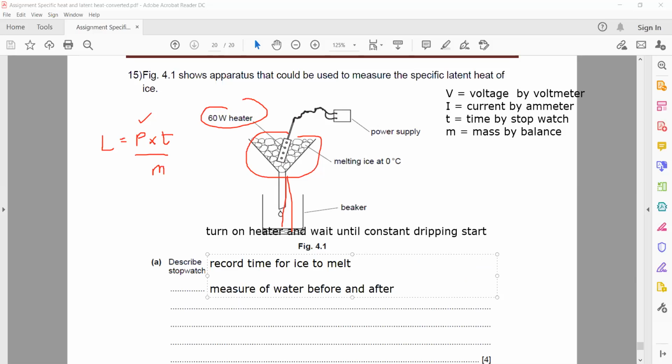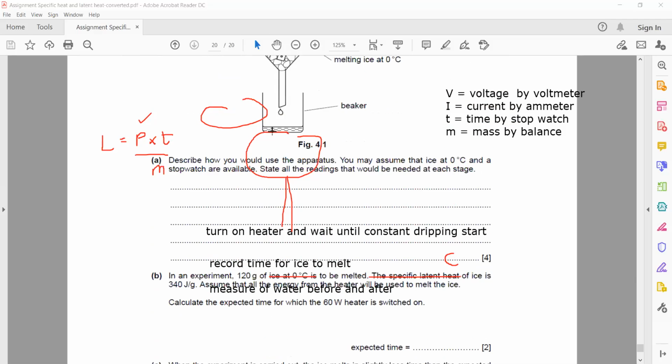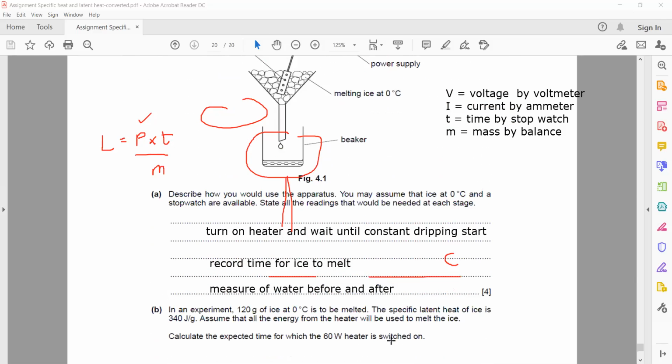So before and after the experiment, because the mass of the water here is actually the mass of the ice which is melted.